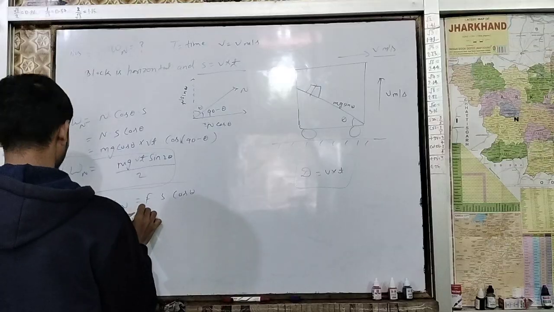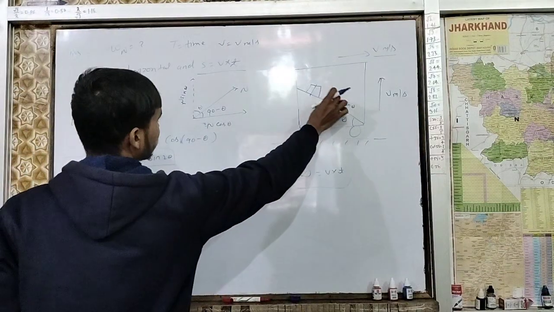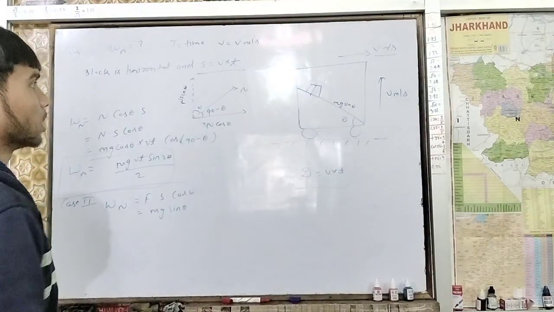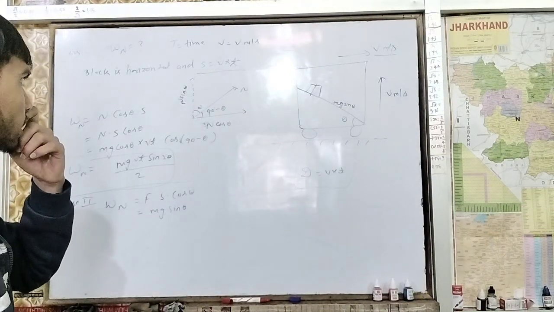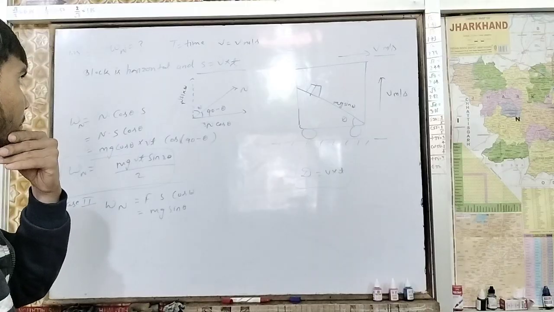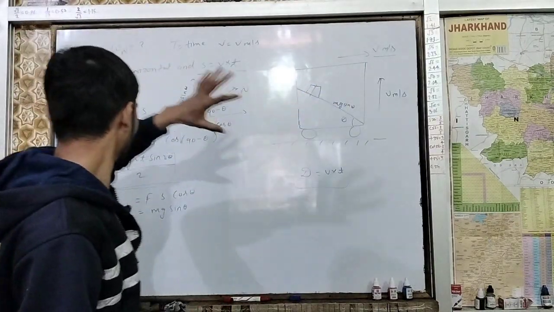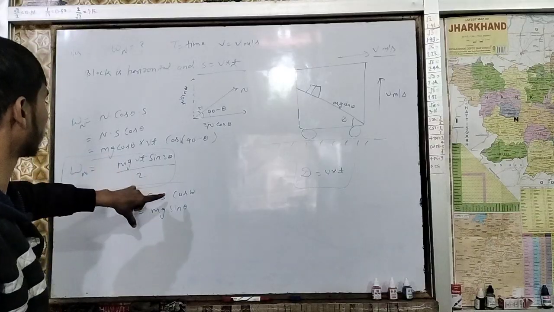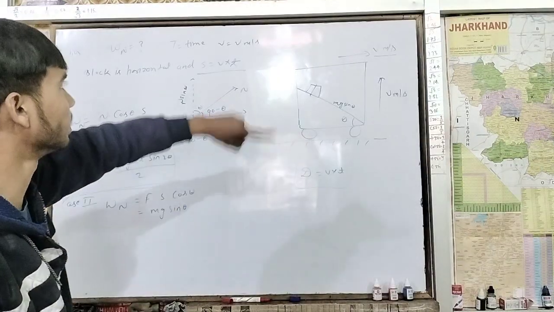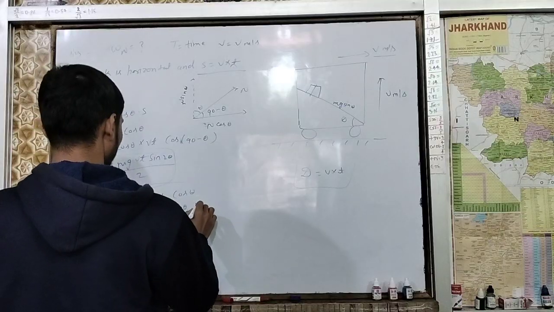Over here F is nothing but mg sin theta. We will take this mg sin theta, which is bringing this object downward. And S is vt. S will be the same, vt.